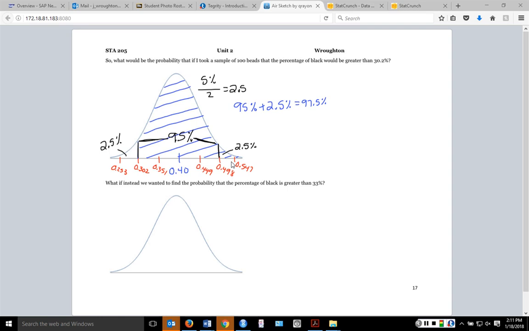Okay, now one thing we do is we interpret these a little bit. So what this means is, if 40% of the beads are black, or that was an assumption I made, that's kind of the bucket I was drawing from.